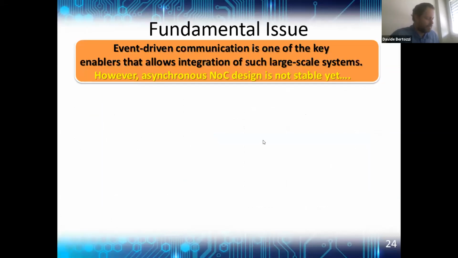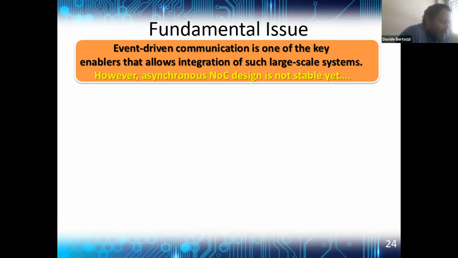Okay, let's move on. After reviewing connectivity issues in state-of-the-art neuromorphic systems, let's come to an important consideration.